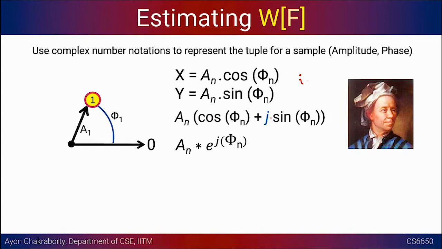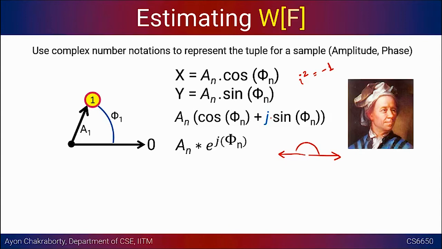So this denotes a 90-degree rotation. If we multiply by i or j, this just means a 90-degree rotation. And i squared equal to -1 actually means a 180-degree rotation. So if it was in this direction and you multiply it by i squared, it reverses the direction.